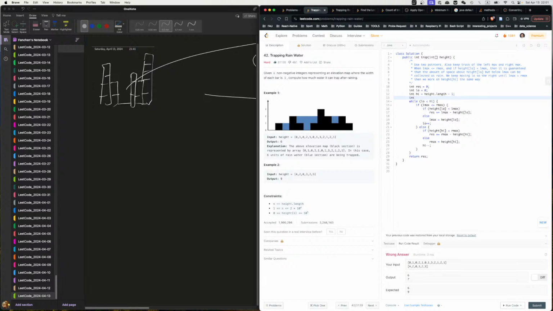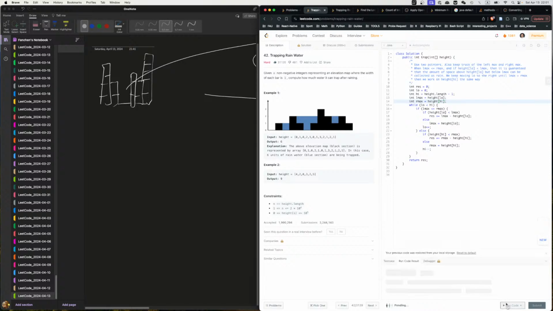Say int left max equal to height low, int right max equal to height high. Okay, we set it up. Does that make it better? Yep, I think that makes it better.